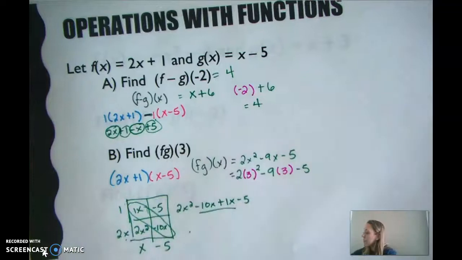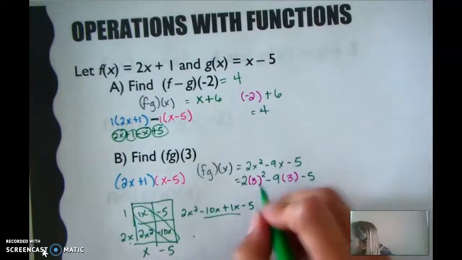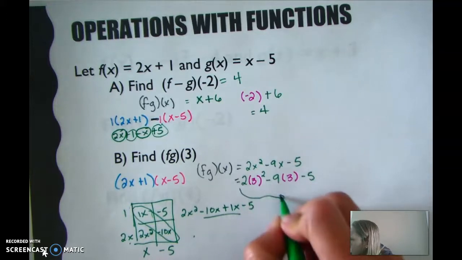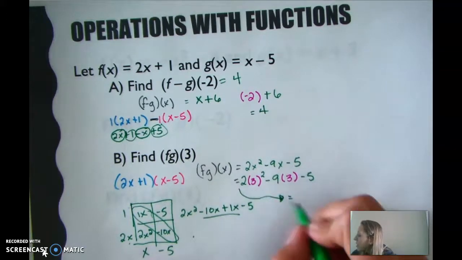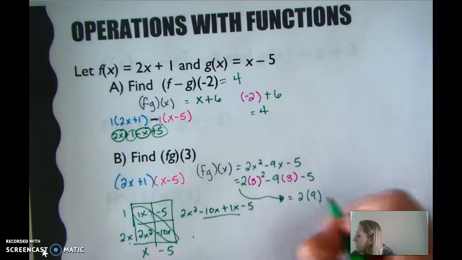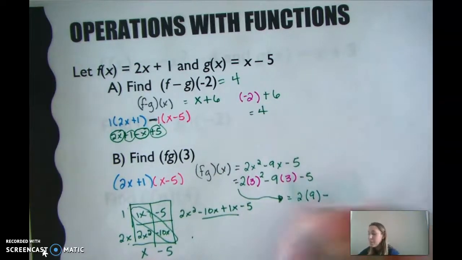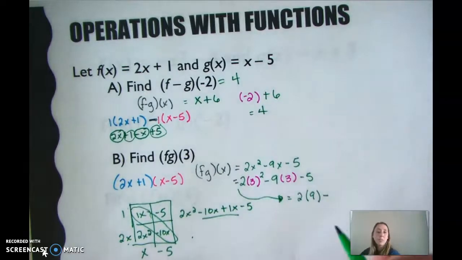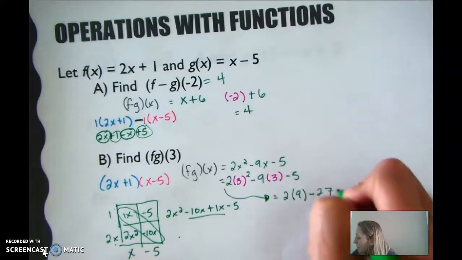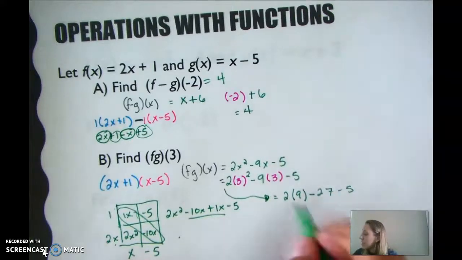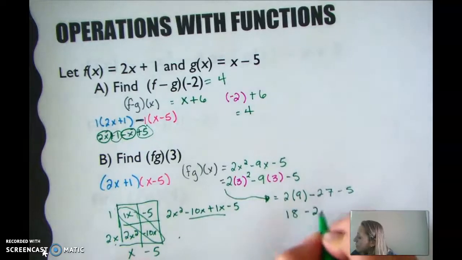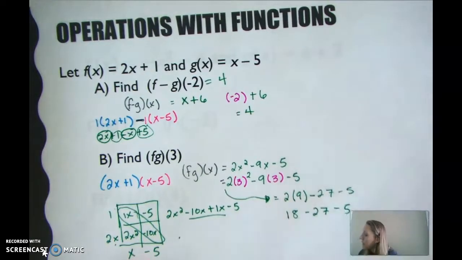I'm going to write it over here so you can see it. So that equals 3 times 3 is 9. Negative 9 times 3 is minus 27 minus 5. Then 2 times 9 is 18 minus 27 minus 5.